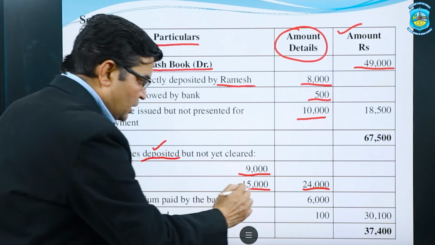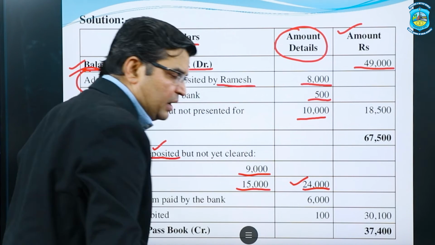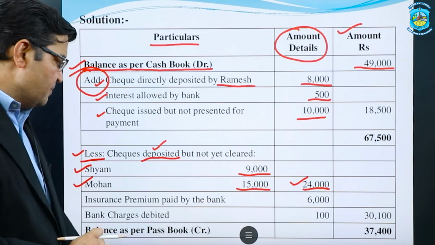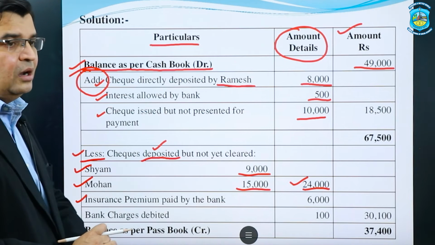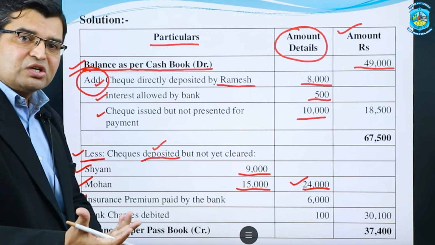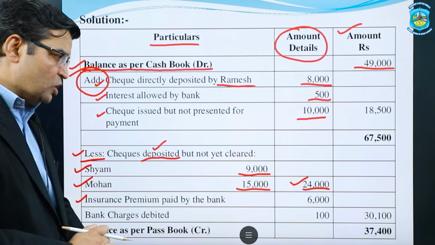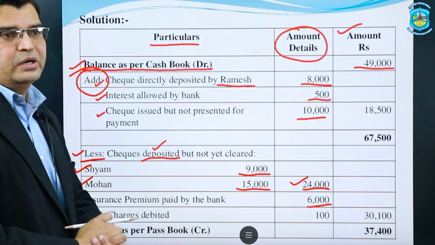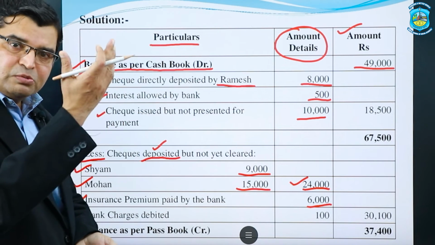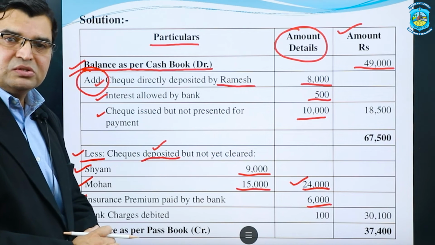Therefore, our cash book has wrongly been increased by 24,000 rupees here. Then insurance premium paid by the bank. On our standing instructions, bank is paying insurance premium of rupees 6,000 on our behalf. So ultimately our passbook will reduce by rupees 6,000.